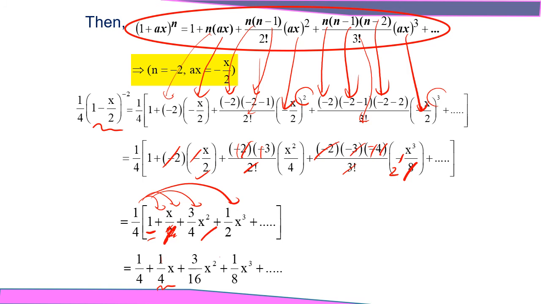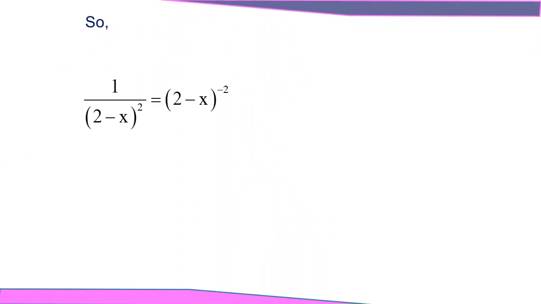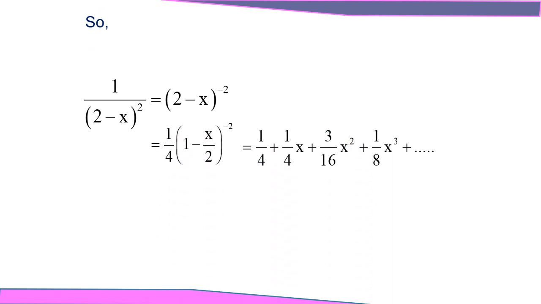Okay, so please do some correction here. So what is the result for this one? 1 over 4 plus 1 over 4 x plus 3 over 16 x squared plus 1 over 8 x cubed.